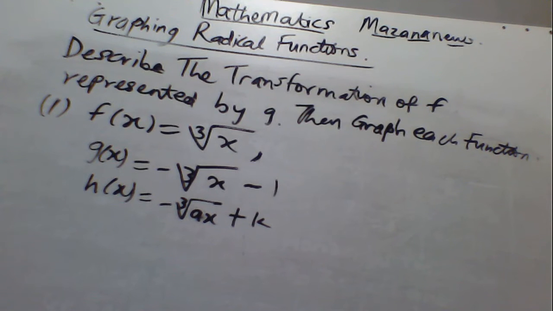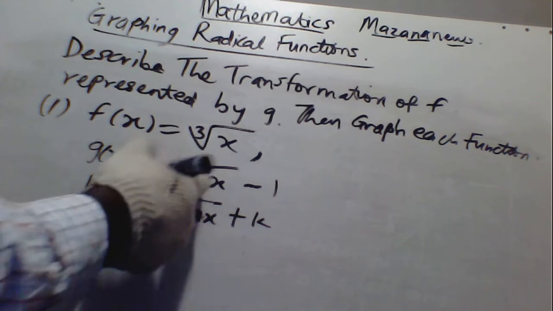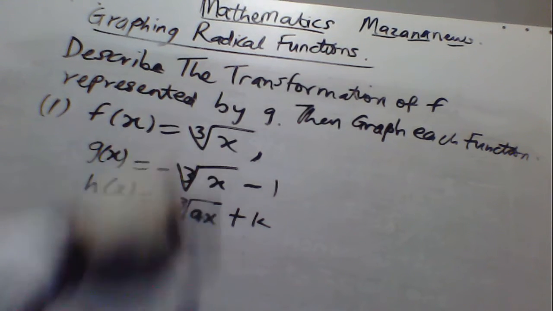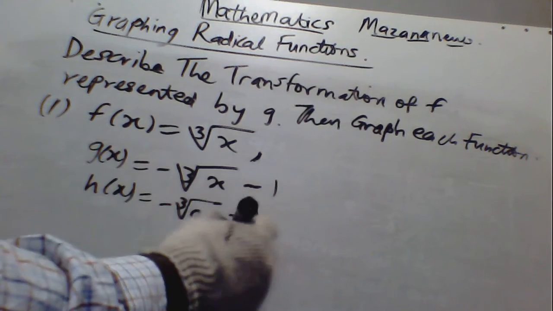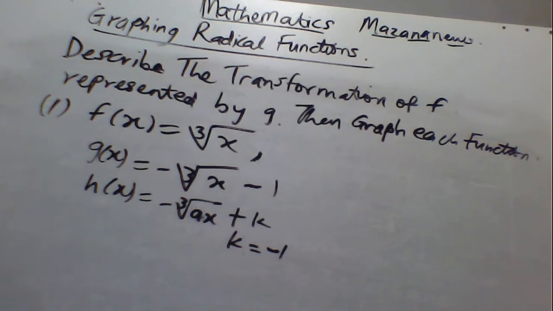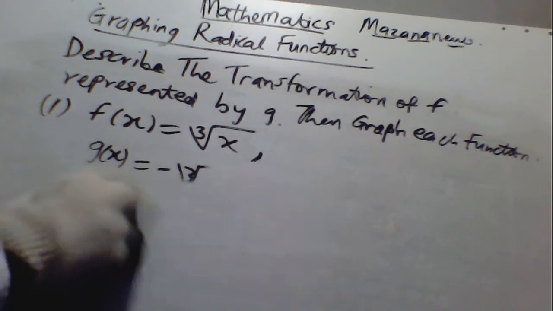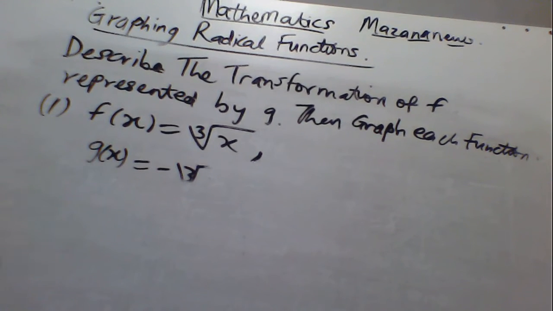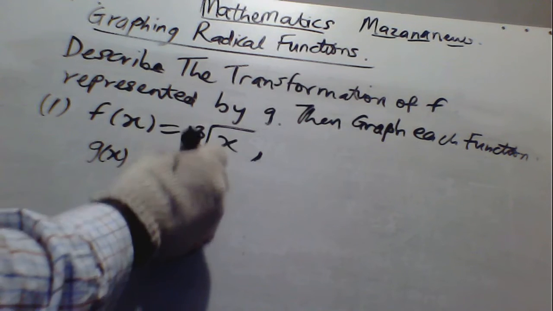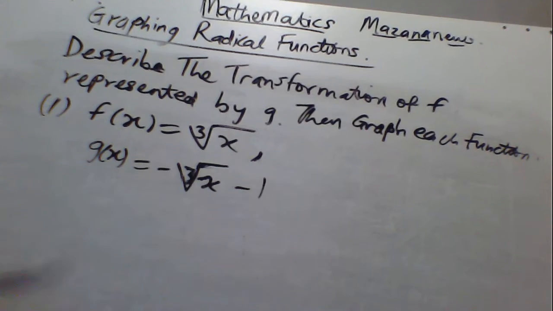So from here we can now solve it. a is still 1 as the parent is 1. k is minus 1, which means down by a vertical translation, 1 unit down to the graph of the parent.